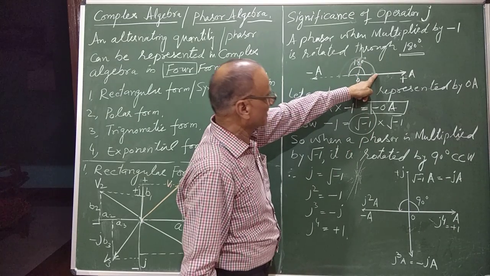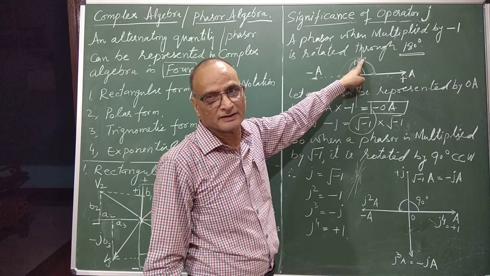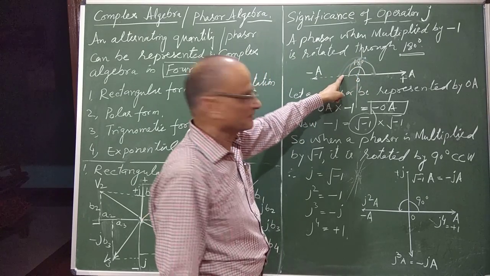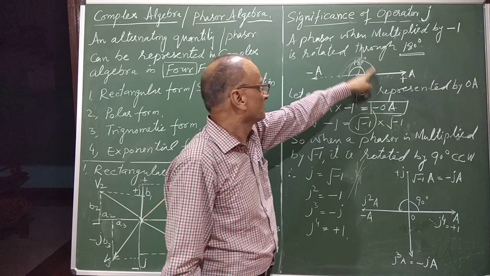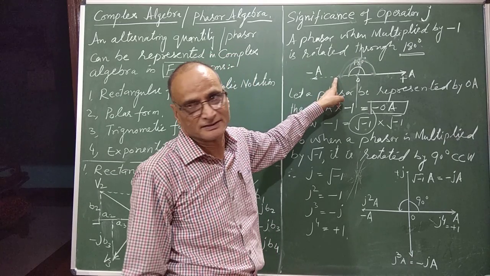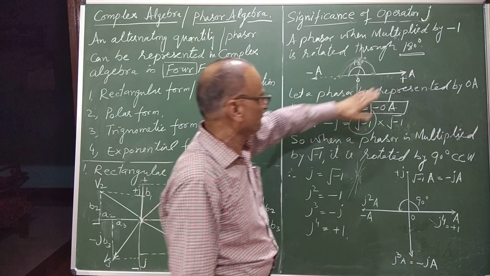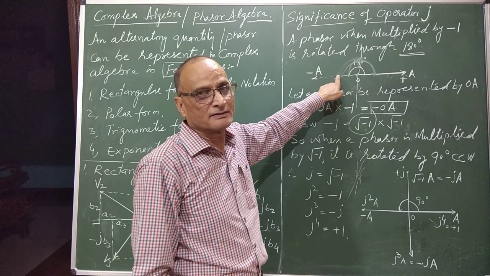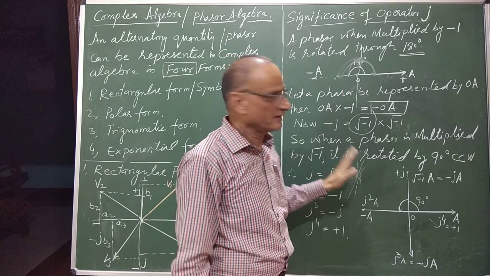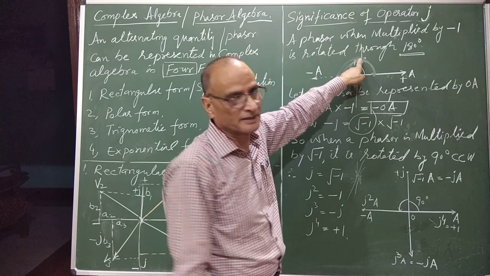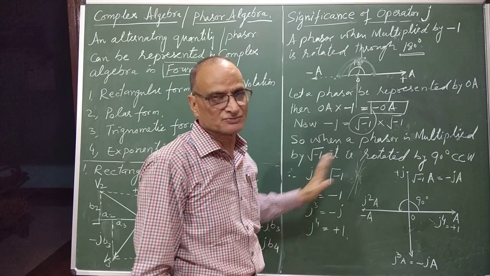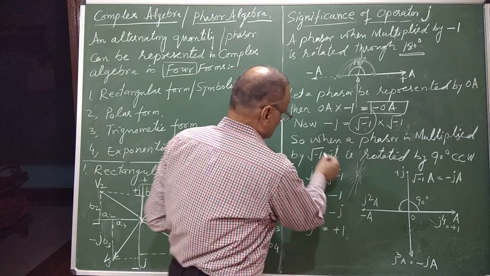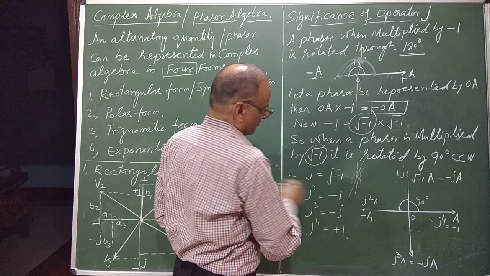When it is multiplied by under root minus 1, it will be rotated by 90 degrees. And if we further multiply by under root minus 1, then a further 90, and 90 and 90 becomes 180. So by multiplying a phasor by minus 1, it is rotated through 180 degrees, and by multiplying a phasor by under root minus 1, it is rotated through 90 degrees. So under root minus 1 is called the operator j.